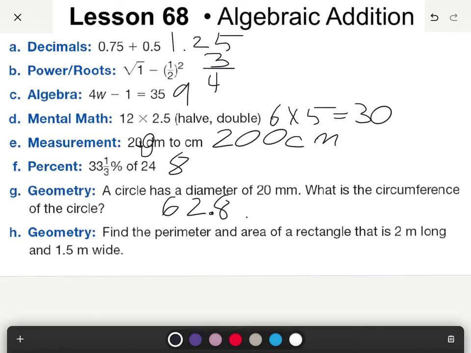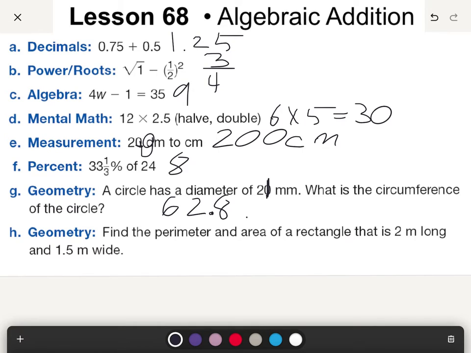Now, if this had been 21 millimeters instead of 20 millimeters, then what would have been a better way to do this? I guess fractions would have worked. Yeah, the 22 sevenths, and then I could have done some cross-canceling goodness and made it really simple.